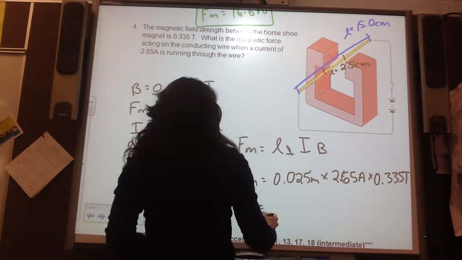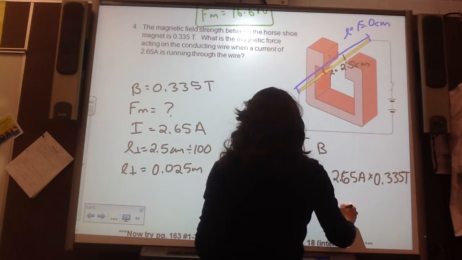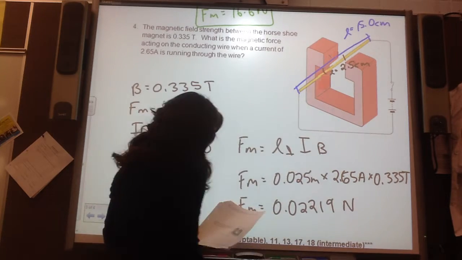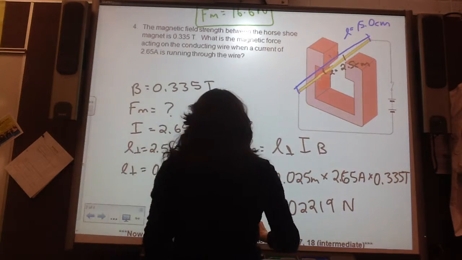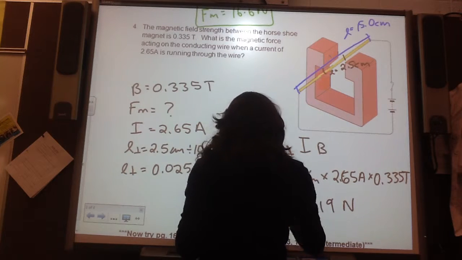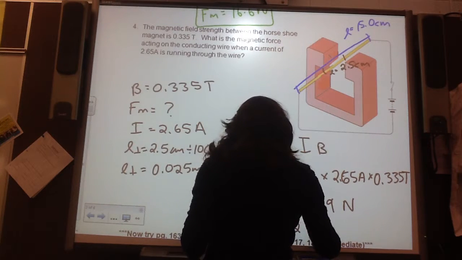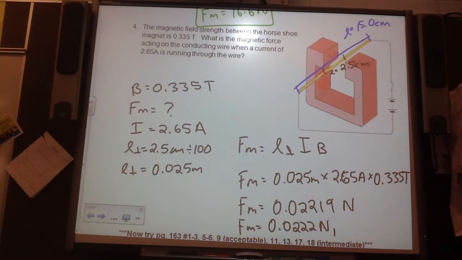So FM then is 0.02219 newtons. And so to sig digs, we need 3, so you can put it into scientific notation if you want to. And we need to put direction on here.